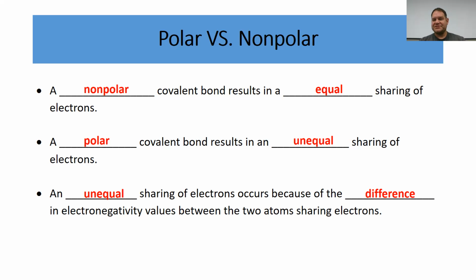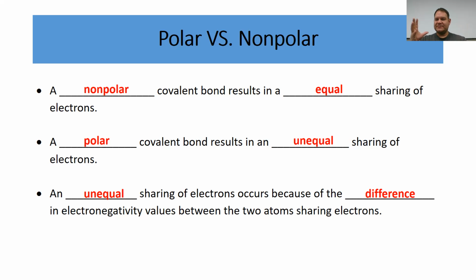So I mentioned when we talked a little bit about electronegativity in the previous lesson that there's sort of this tug of war match going on between the two atoms for those bonding electrons. And the tug of war essentially is being done because of the difference in electronegativity values.